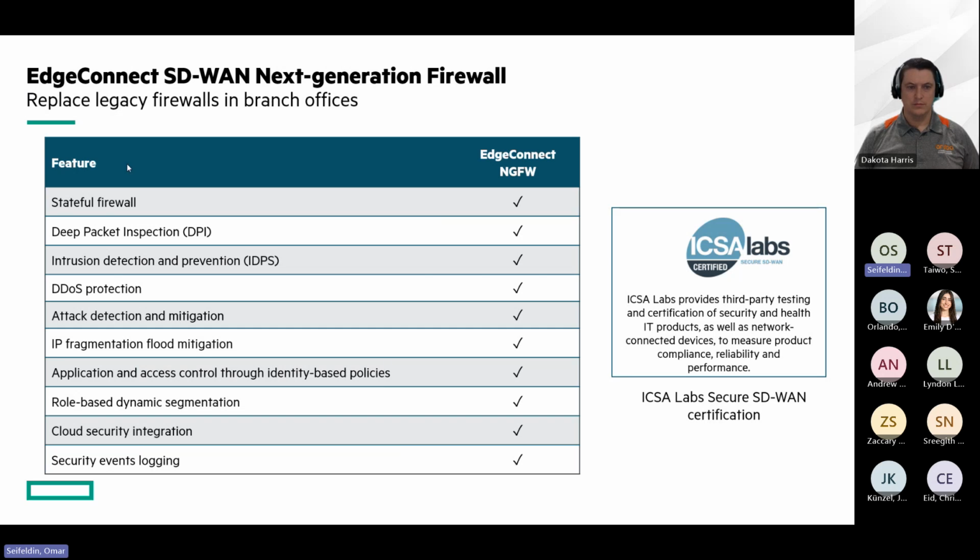These are the different security features that we have, like stateful firewall, deep packet inspection, IDS, IPS, DDoS protection, attack detection and mitigation. So all these different features come out of the box. The only thing, the IDS IPS, needs a license to enable it. Other than that, all are free. And we are certified by ICSA Labs.